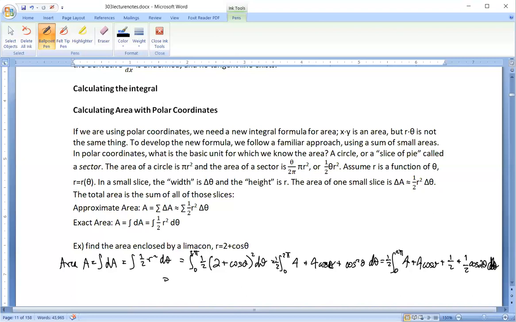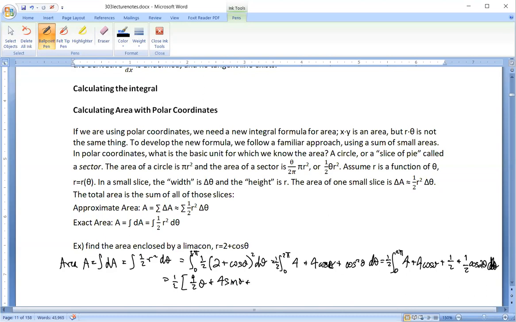Yeah, so now we just integrate. So now I'm just going to combine 4 plus 1/2, so that's 9/2. The integral of 9/2 is 9/2 theta. The integral of 4 cos theta is going to be 4 sine theta.